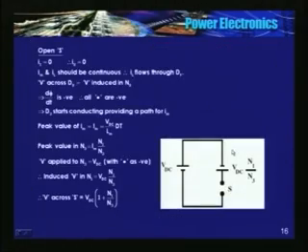You open the switch after some time, what will happen? Go back to the previous circuit, open the switch, I1 becomes 0, so I2 also will become 0. But then the magnetizing current has to be continuous. IL, the load current here, is continuous, there is a path.